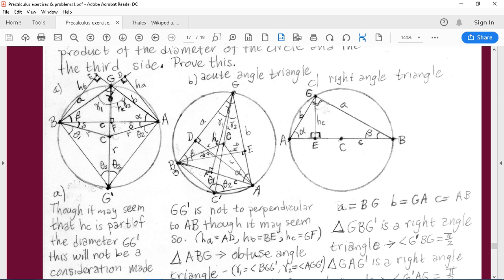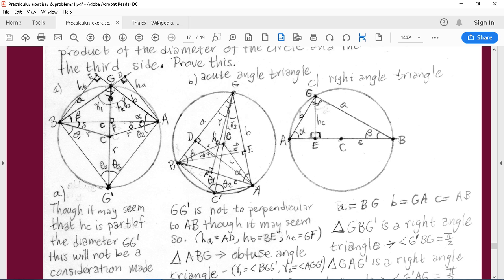Now, to obtain the relations, we used the angles of the acute angle triangle directly. Here we do the same. We obtain alpha plus beta plus gamma equals pi. And BCA is the same. We use that same triangle BCA for the obtuse angle triangle.